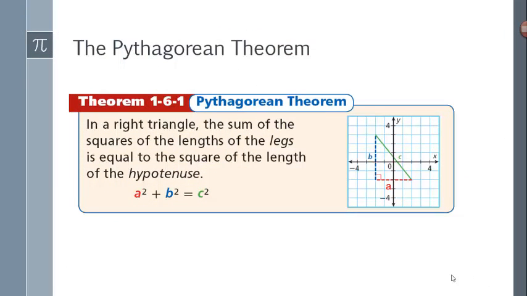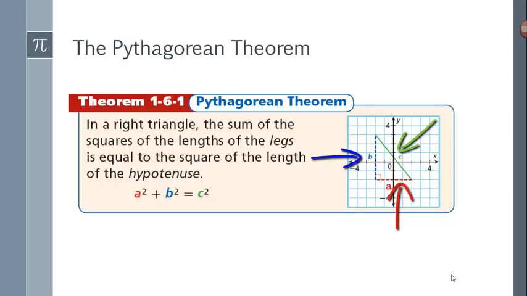The next formula we're going to be using throughout the rest of the year, and we'll study this in more depth later, is the Pythagorean Theorem. This should be familiar to you from 7th grade, possibly. The Pythagorean Theorem says that in a right triangle, the sum of the squares of the lengths of the legs, the perpendicular sides of the right triangle, is equal to the square of the hypotenuse.